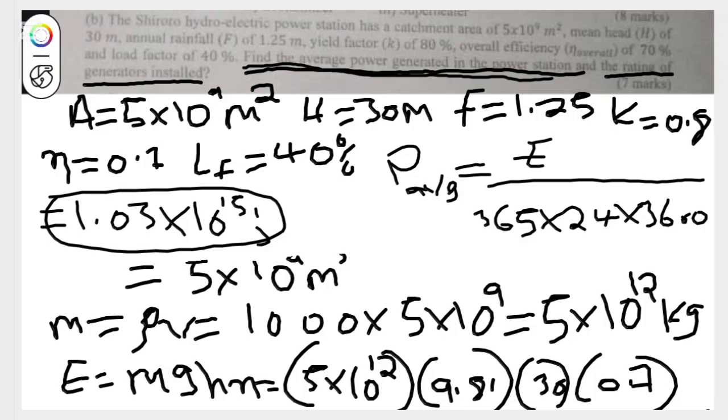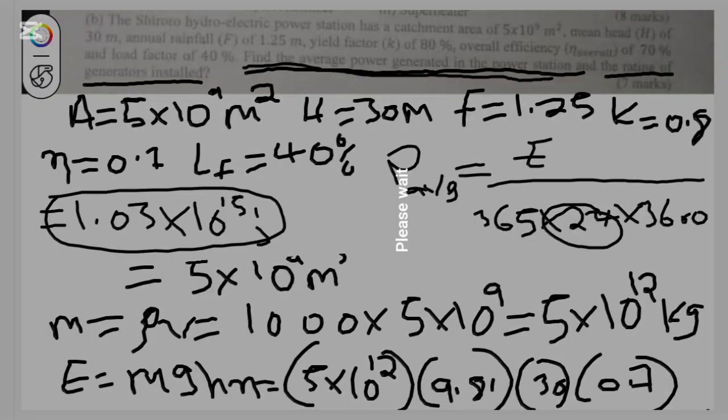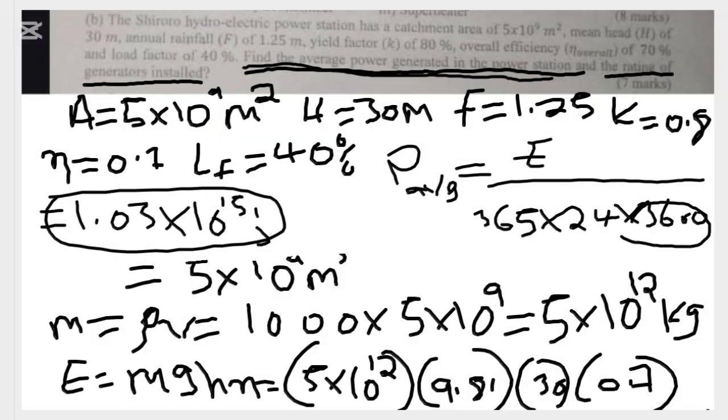You have to take note that it says annual rainfall. 365 is the number of days in a year, 24 is the number of hours in a day, and 3600 is the number of seconds in 1 hour. I hope you get it.